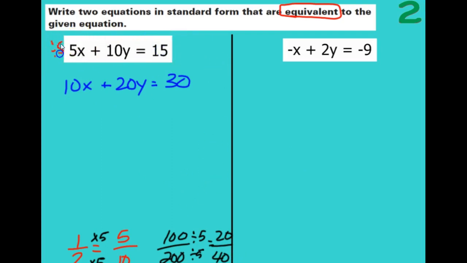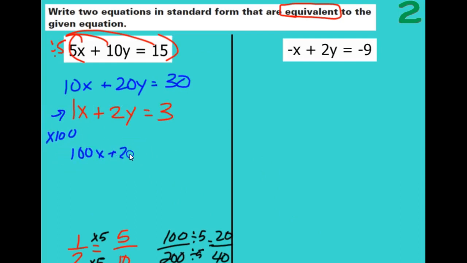So if we divide everything by 5, we would have 1x plus 2y equals 3. If you wanted to take this equation now and multiply it by 100, you get 100x plus 200y equals 300.